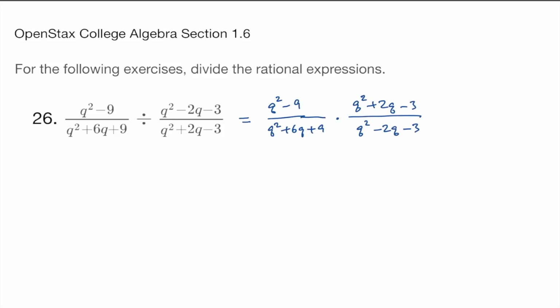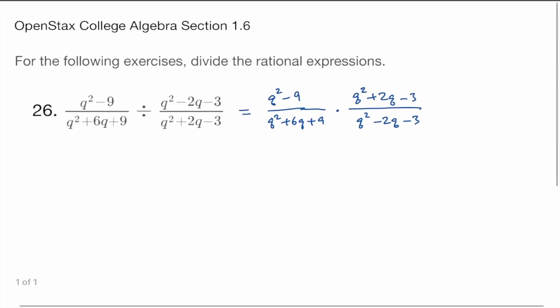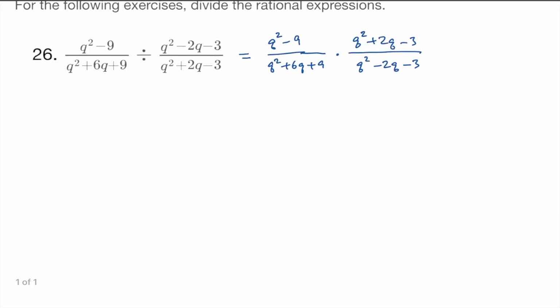All right, so let's factor the q squared minus 9. So I'll write that over here, factor q squared minus 9. This is a difference of squares, so we can immediately factor this. The difference of squares says that a squared minus b squared is equal to a plus b times a minus b.